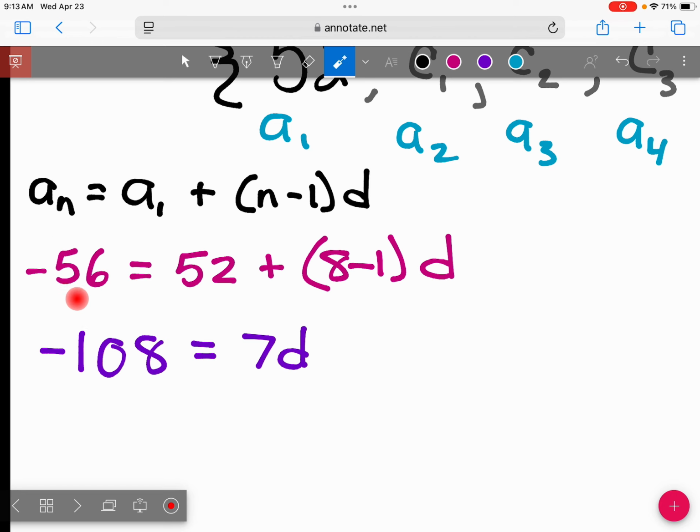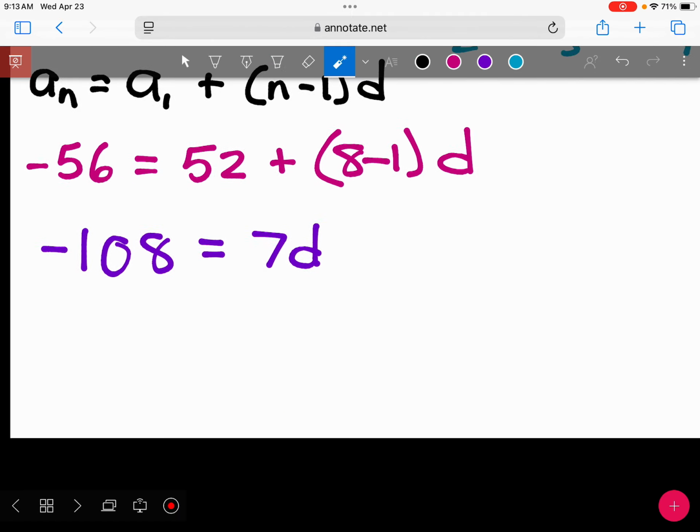So my negative 56, this is my 8. This is my first term, the 52. We did 8 minus 1 because our n was 8. We've got to put what A sub n is, not just our n.